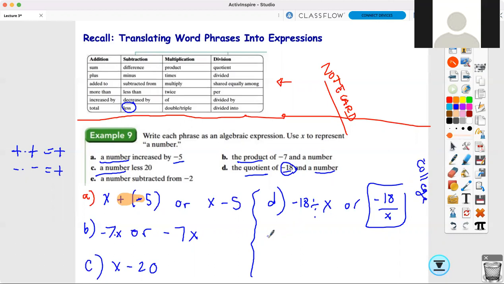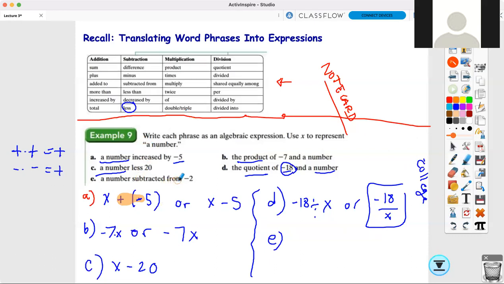All right, and then we have E. Be careful with E, it's a tricky one. A number subtracted from -2. X minus 2? X minus -2? Read it again logically. Does that make sense that we're going to subtract a number? So it's going to be X. Now, is it going to be -2 minus X? What was the key word that makes you change that?